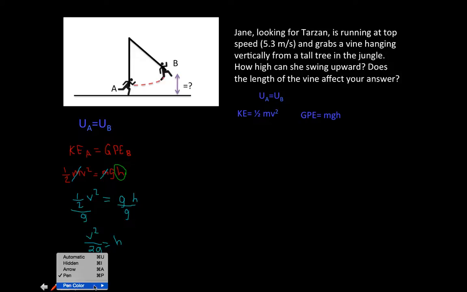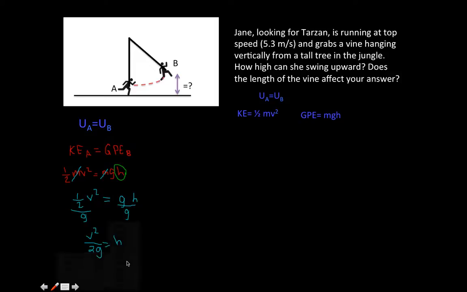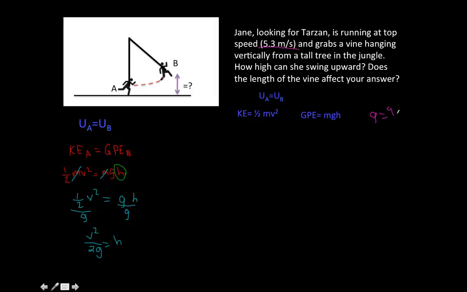Now we know both our velocity, which is given to us by the 5.3 meters per second, and our g, which is always equal to 9.8 meters per second squared.